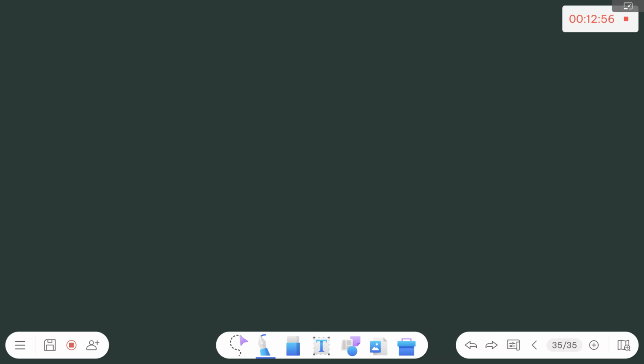Okay, if I take n equal to 2, it should be n pi by 2, but this n should be odd, isn't it? See, it should be basically something into pi by 2: 1 pi by 2, 3 pi by 2, then it should come 5 pi by 2, isn't it?